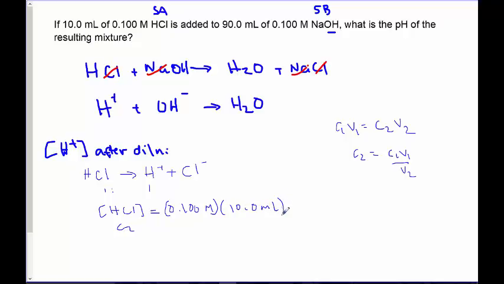The reason I don't need to convert to liters is because I'm doing a dilution calculation, and as long as I keep the units of volume consistent in the numerator and the denominator, then they will cancel. So I could convert to liters if I wanted to, but it's an extra step I don't need to do. Okay, so in the bottom, volume 2, the final volume, is the 10 mL plus the 90 mL, so that's 100 mL.